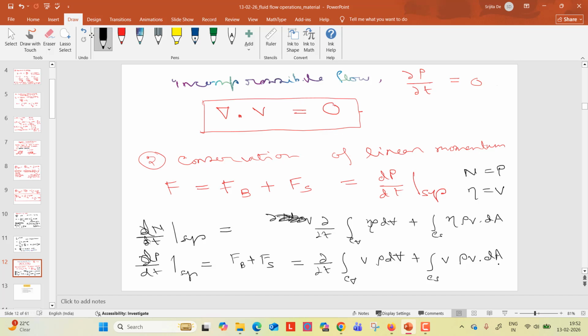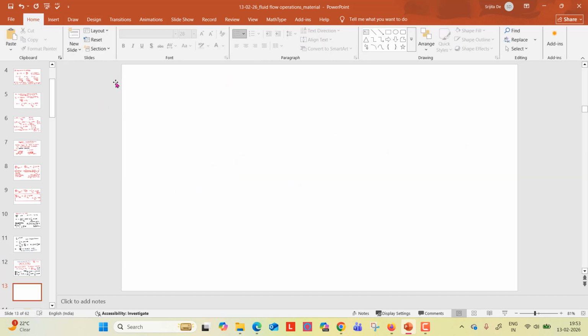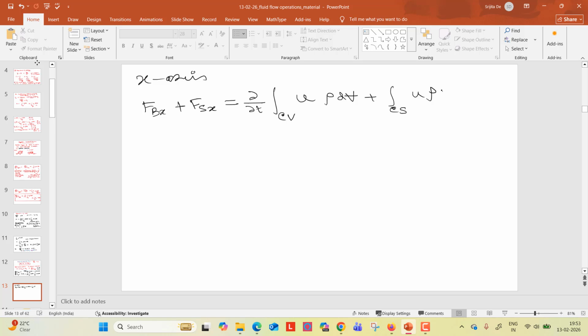Now if you want to write it for the x momentum balance equation, all the terms will be in the x direction. So F_bx plus F_sx equals del/dt of control volume, where in the x direction the velocity is u, rho dV, plus control surface u rho V dot dA, right?